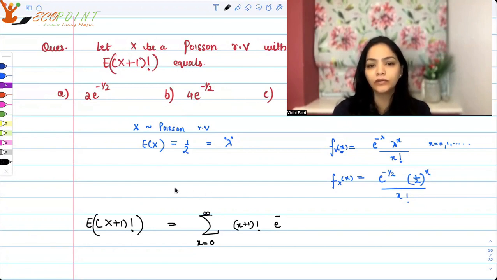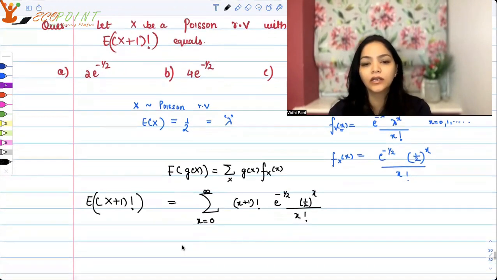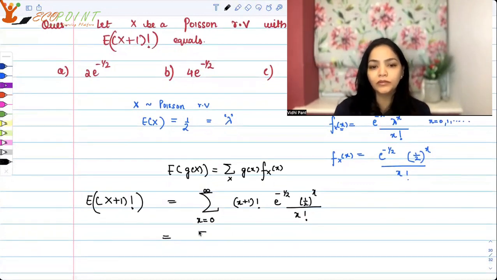Expectation, we all know: the expectation of a function of x is equal to the summation of the function of x times f(x) over all the x's. So it will be (x plus 1) factorial, e to the power minus half, half to the power x upon x factorial. Now we can open up this factorial.